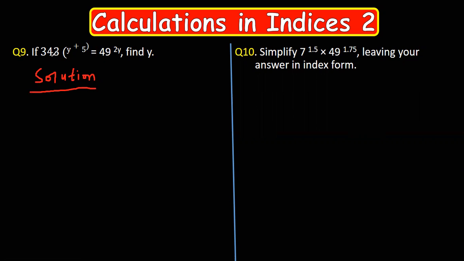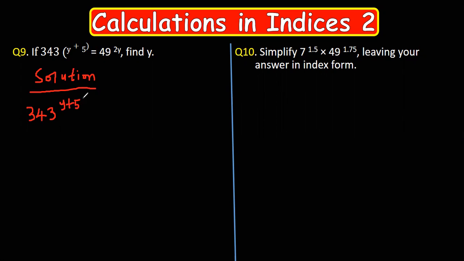So this expression, again, we are going to express in such a way that they are going to have common bases. So this is 343 raised to the power of y plus 5.